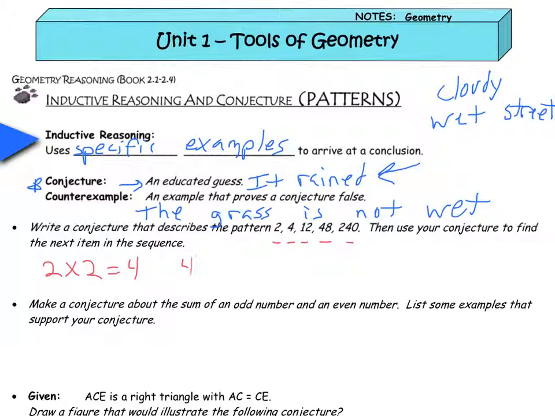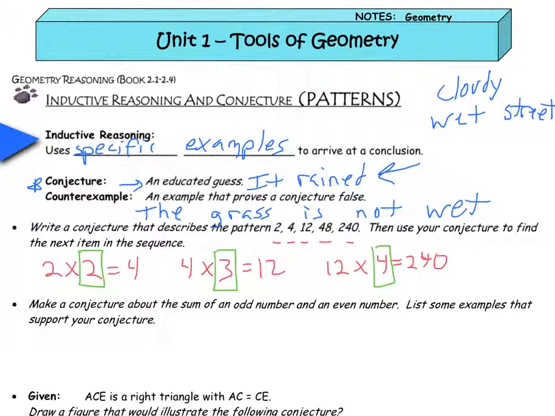Then we start with 4, and 4 times 3 equals 12. 12 times 4 equals 48. So what we're doing here is taking each number and multiplying it by one more than the previous multiplier.